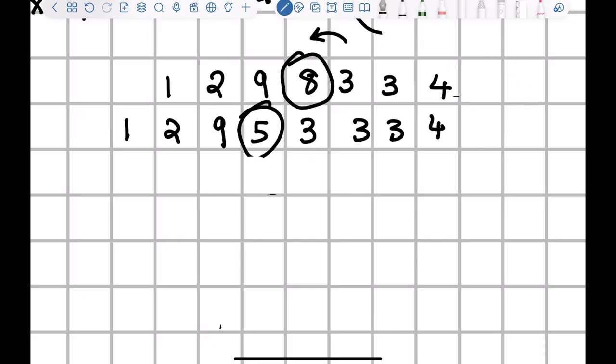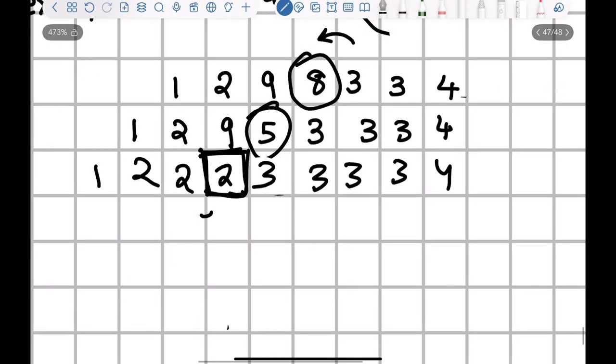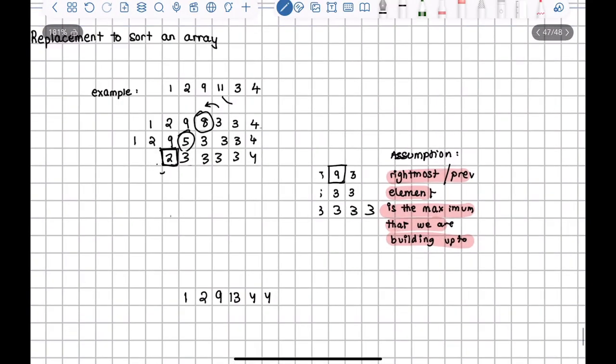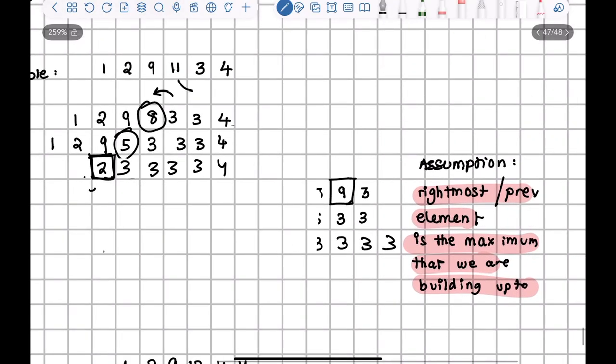In the end, in order to make you understand, 2, 3, 3, 3, 4. Now in the end, this 2 will become the previous element to the next number.